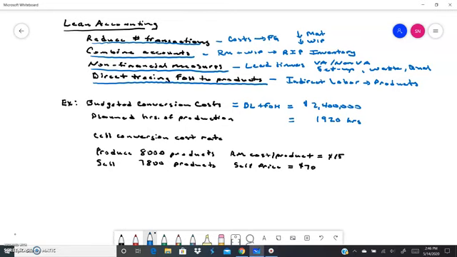So our product cell conversion rate is just going to be the 2.4 million divided by the 1,920, and if we divide those two, that's going to give us a total of $1,250 per hour.